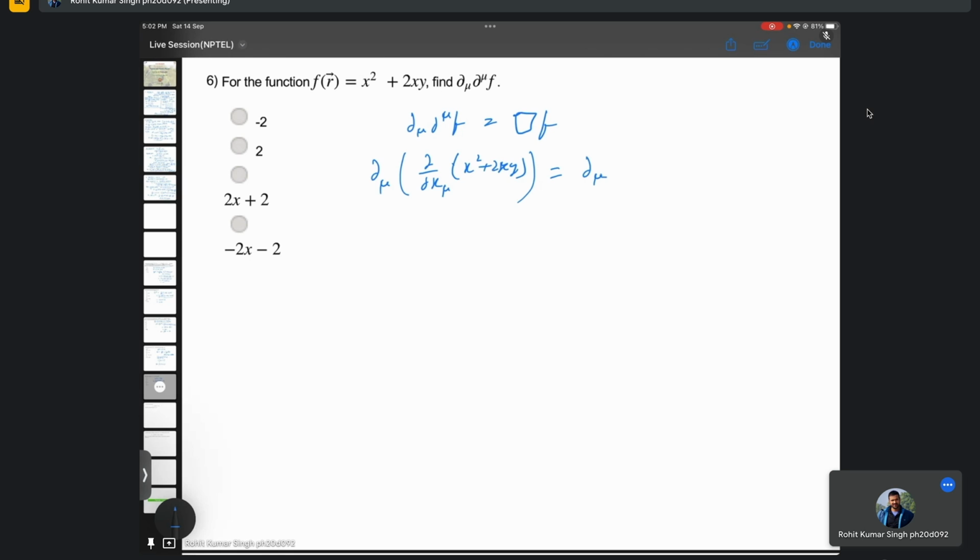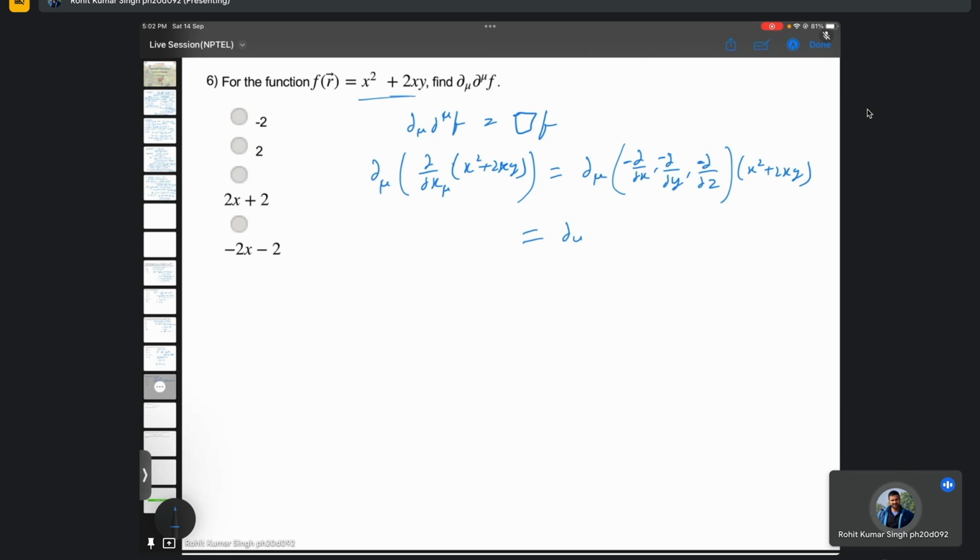Again because this function is independent of time, the first component will be anyway 0, and we have del x, del y, del z, and since this is the contra gradient, everything will have a negative sign. Okay, applied on this.